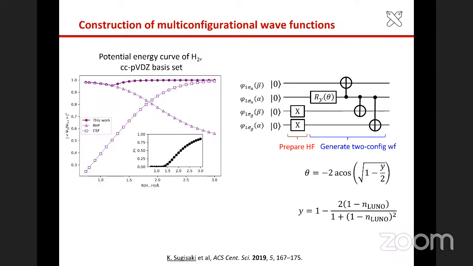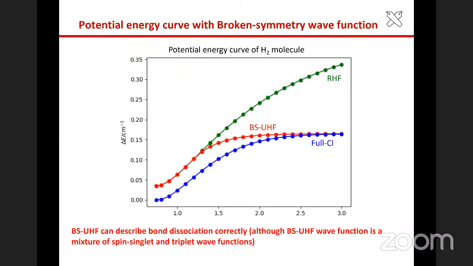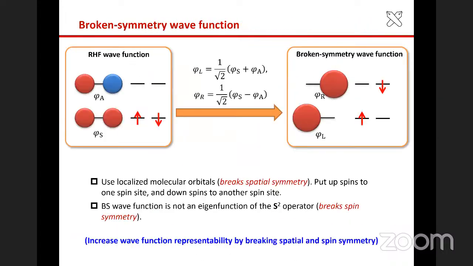In the vicinity of the equilibrium geometry, broken symmetry Hartree-Fock converges to the conventional, traditional Hartree-Fock case. So this is the reason why the Hartree-Fock line and the BS-UHF line overlap. In the BS-UHF broken symmetry UHF, we use this configuration as an input, an initial guess of the Hartree-Fock calculation.